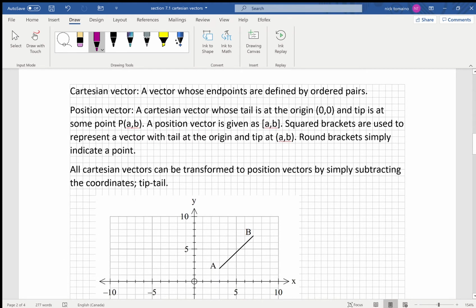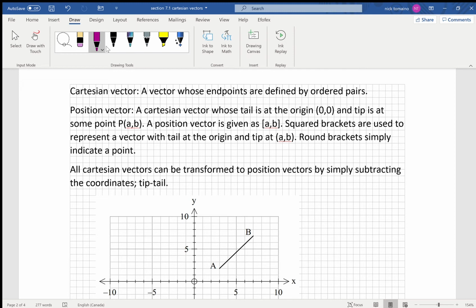A Cartesian vector is a vector whose endpoints are defined by ordered pairs. A position vector is a special type of Cartesian vector whose tail is at the origin and tip is at some point P, (a, b). A position vector is given as square bracket a comma b, and if it's in 3D, comma c.